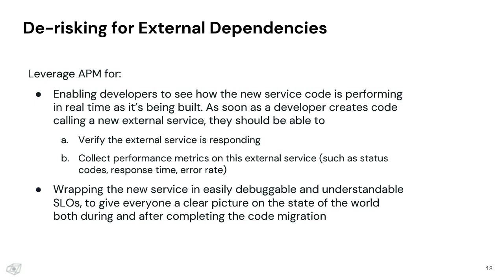Wrapping the new service in easily debuggable and understandable service level objectives. I know I keep coming back to this over and over, but I think it's super important to define these objectives because it gives everyone a clear picture of the current state of the world, both during the code migration and after the migration has been completed.